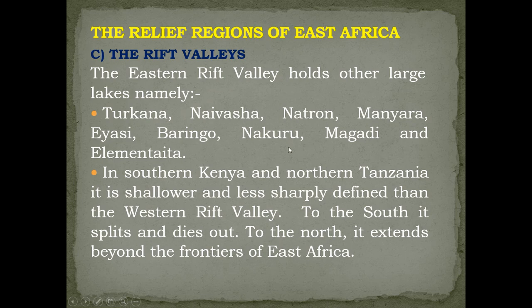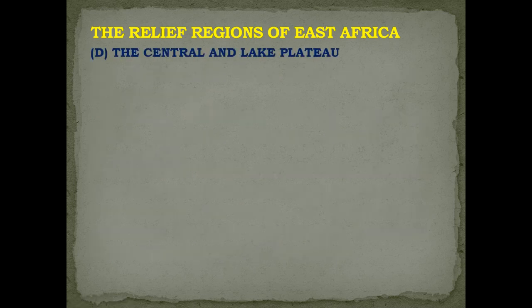So it begins from Egypt, moves down into Ethiopia, and then into East Africa. So the northern part of the eastern Rift Valley extends northwards into Ethiopia, and then it goes up to Egypt. That's why we say it extends beyond the frontiers, the boundaries of East Africa. So that was the third part of the relief. That was the third relief region that makes up the physical geography of East Africa.